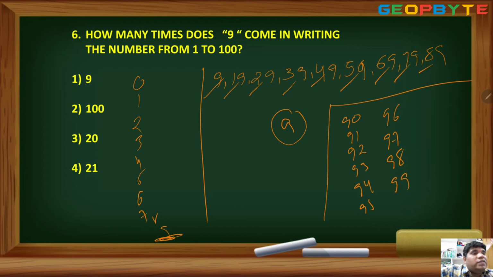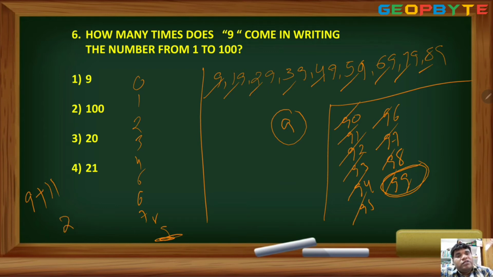So count the 9s here. Already we had 9, so 9 plus 1, 2, 3, 4, 5, 6, 7, 8, 9, 10, 11. 99 means 2 times, so 11. So what is the answer totally? 20 is the answer.